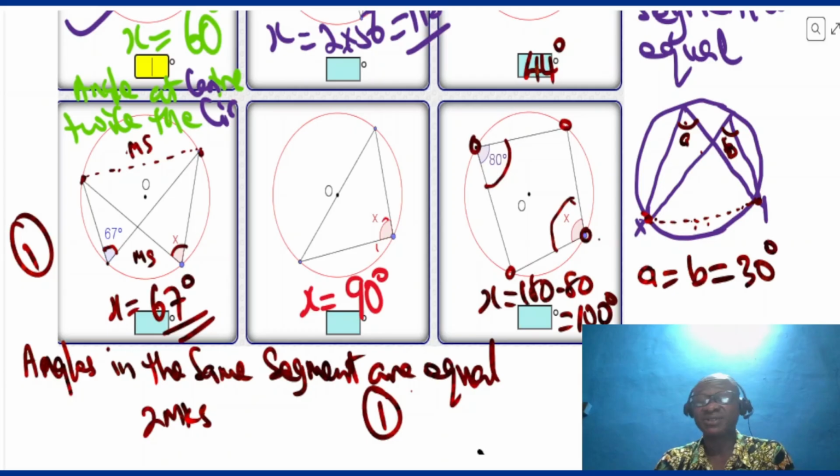You also understood that the one at the center is twice the one on the circumference. Yes, sir. You also understood that angles in the same segment are always equal. Yes, sir. You understood that angles on a straight line will always sum to 180. Yes, sir. And you agree with me that every angle at a point will always sum to 360. Yes, sir. Okay, so we have finished these 6 questions now.